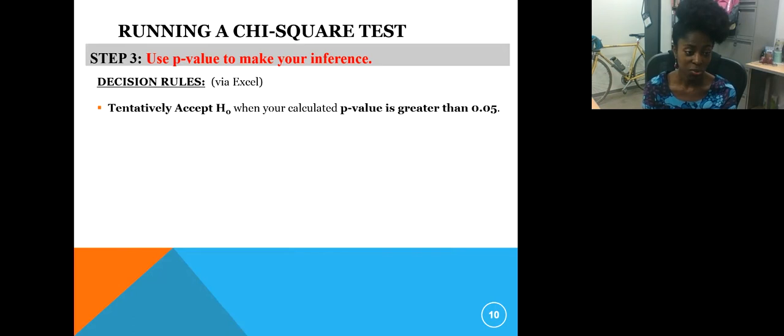So we've got decision rules. I never leave you hanging because I have to make it very, very plain so that you understand the interpretation part, because like I said, that is the most important thing. We can calculate all the numbers we want in the world. I can teach you how to do that with your eyes closed, right?